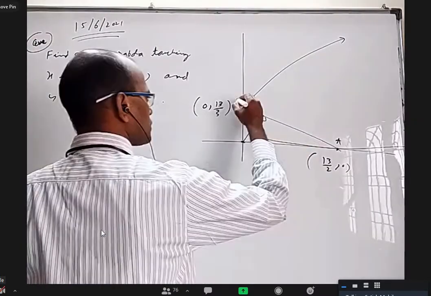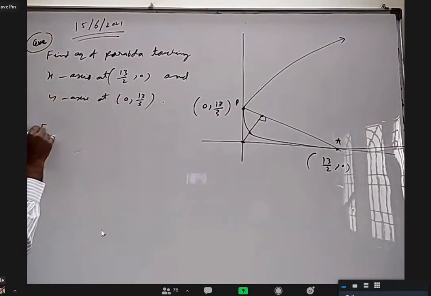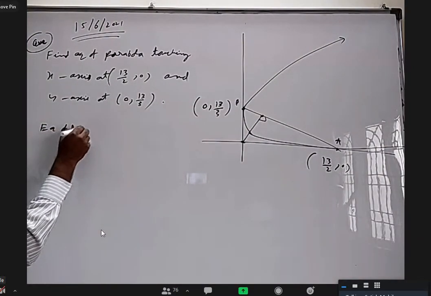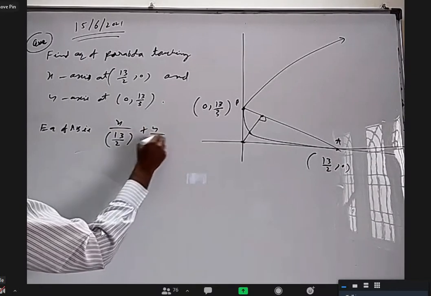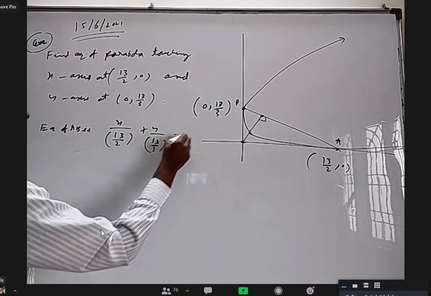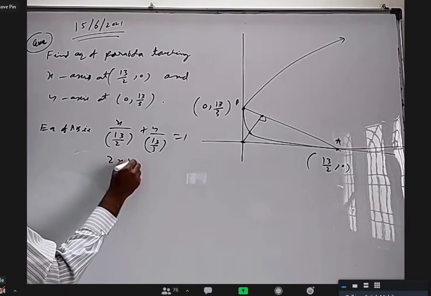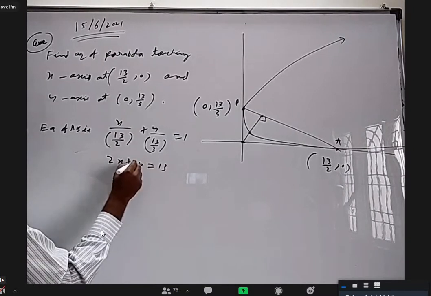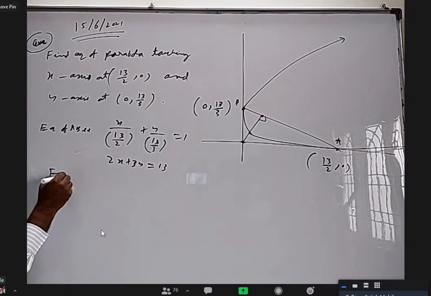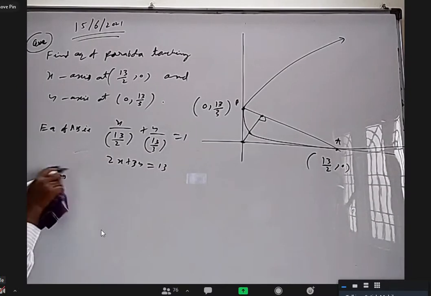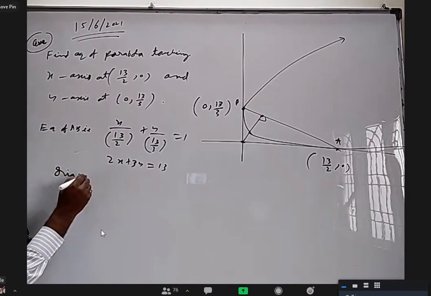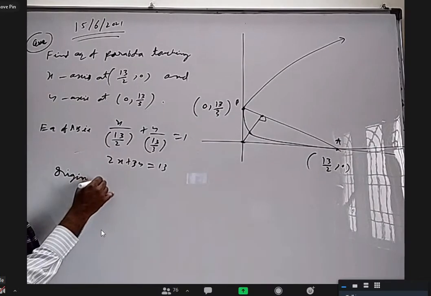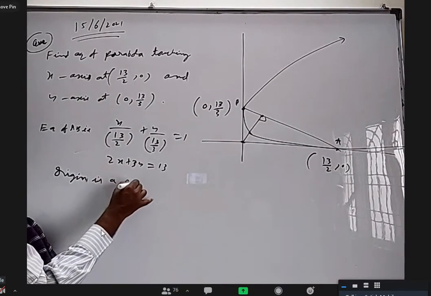If I call this A and B, equation of AB is x by 13/2 plus y by 13/3 equal to 1. 2x plus 3y is equal to 13. Foot of origin is a point on directrix.